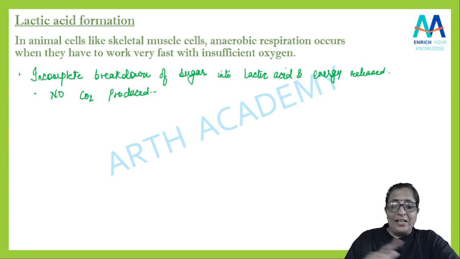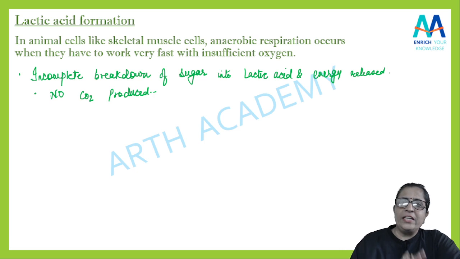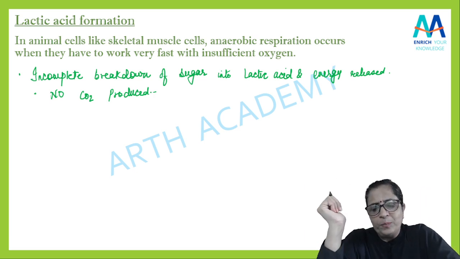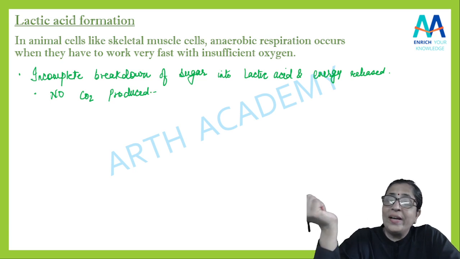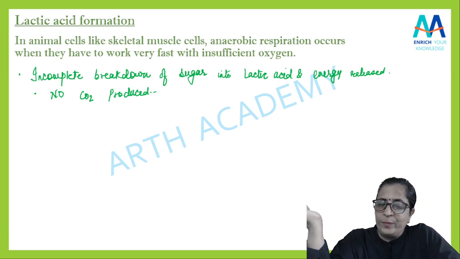Got it? So that is again a difference, you can note it down. Again, the energy release will be two molecules of ATP. In glycolysis, glucose is converted to pyruvate, and from pyruvate you get lactic acid and two molecules of ATP are released. I hope this is clear.